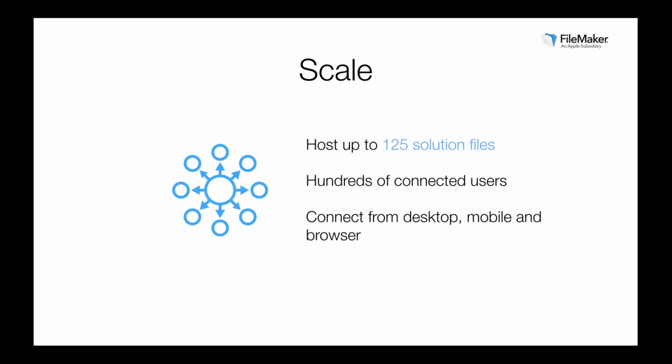And we can have hundreds of users connected simultaneously. They can be connected in pretty much any way they want, using desktop computers, mobile devices, and even web browsers. So we have peace of mind that as our organization grows and as we get more users and more apps up and running, we'll still be able to keep up.